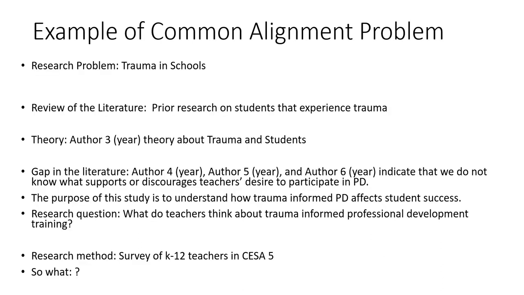So I want to actually give an example of a common alignment problem. The research problem that the person has posed in this example is trauma in schools, and in particular, the review of the literature that has been written is really focused on students that experience trauma and what percentage of students are experiencing trauma, and what trauma looks like for students, and what's the free and reduced lunch percentage within the particular district, and a lot of stuff like that.